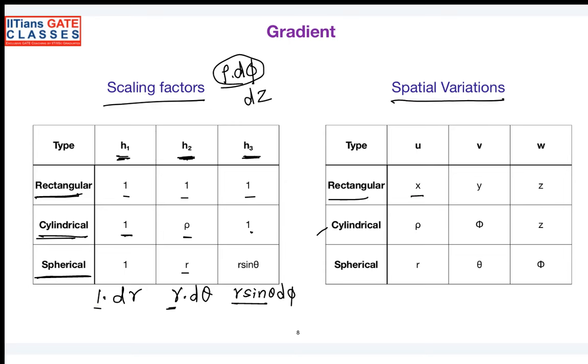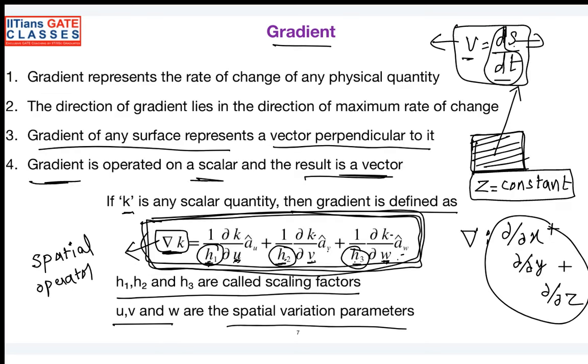In scaling factors, why is it 1 by h1, 1 by h2? Shouldn't it be h1, h2? Why is the reciprocal given in the formula? Yeah, just go back to the slides. Here, there is a change in phi. Is it in the numerator or denominator? The numerator is just a scalar, right? You are taking the variation in the denominator part. See here, for example, if it is a cylindrical system, rho, phi, z come in place of u, v, w, right?